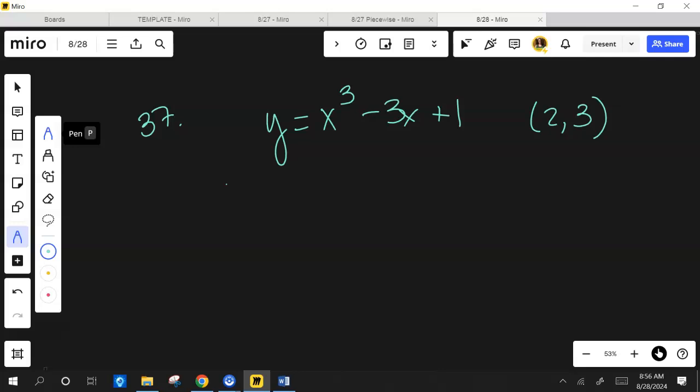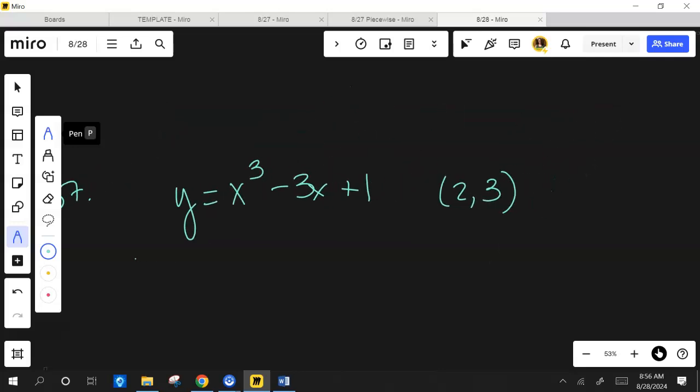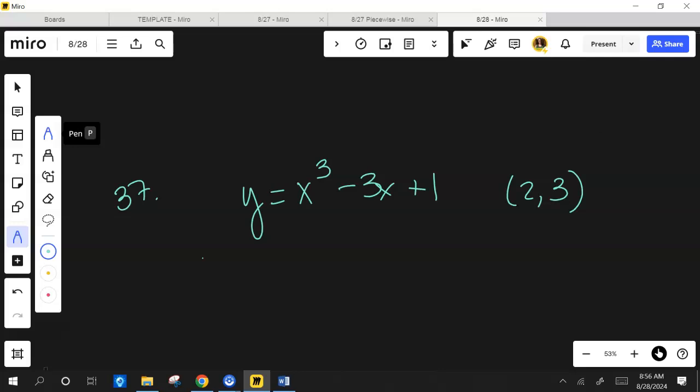Whoa. Say it again. Find an equation of the tan line at the point 2,3. Actually, find an equation that is perpendicular to the tan line at the point 2,3. If you want to look in your book, I'm literally reading it from your book. It's number 37.